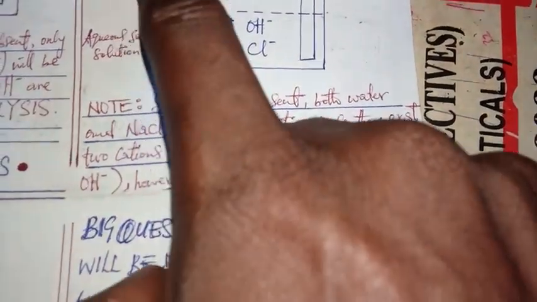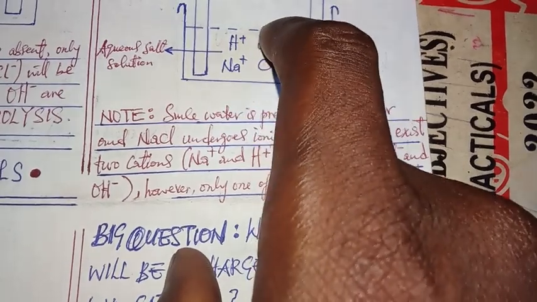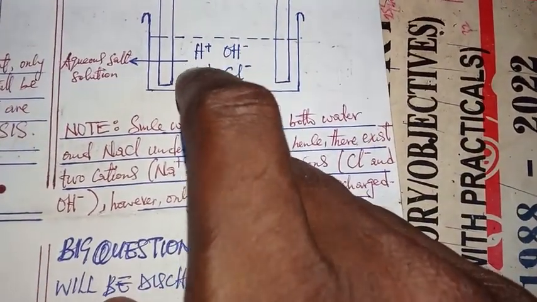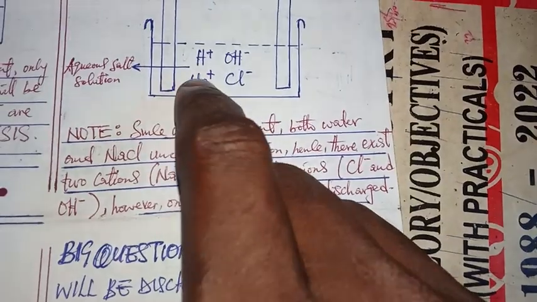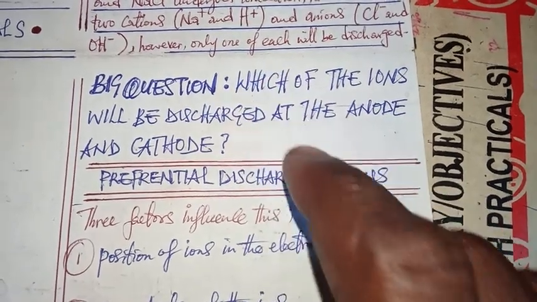At the anode, which is positive, which is attracting the negative, is it hydroxide ion that will be discharged or chloride ion? And at the cathode, which is negative, which is attracting the positive, is it the hydrogen ion or the sodium ion that will discharge? That is the big question.